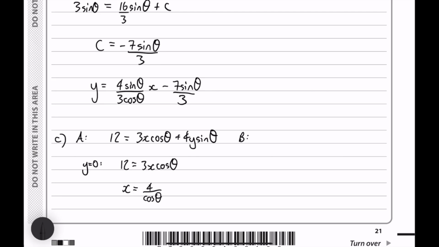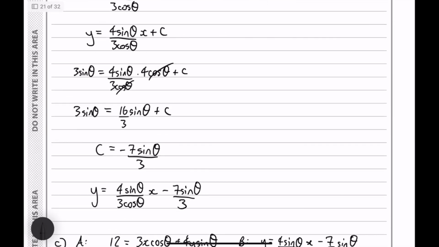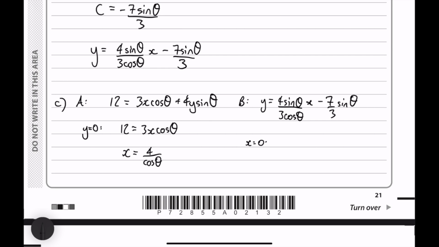For B, we've got the equation on the screen there, y equals 4 sine theta x over 3 cos theta minus 7 over 3 sine theta, and B is where that normal meets the y-axis, so that's when x equals 0, y is equal to minus 7 over 3 sine theta. So this is point A, (4 over cos theta, 0), and point B, (0, minus 7 over 3 sine theta).